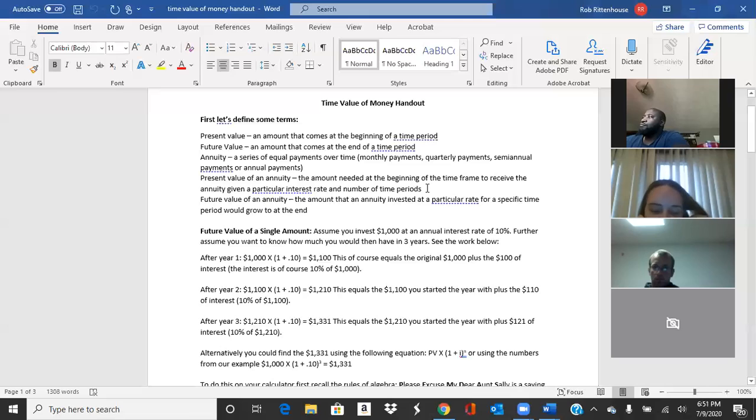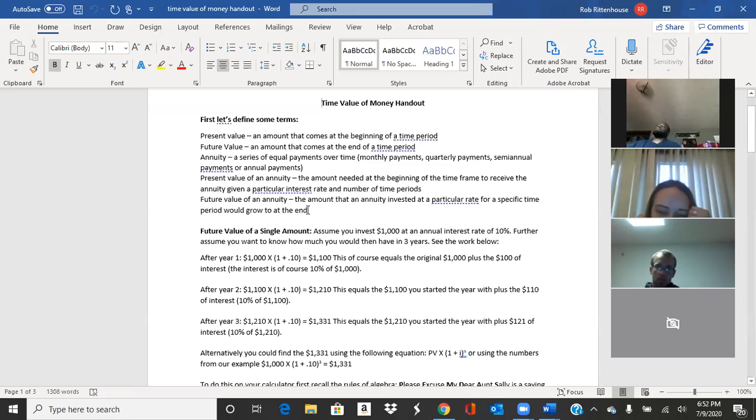So it's how much you'd have to start with to be able to receive an annuity of X dollars over Y number of years, given interest rate Z, for example. The future value of an annuity is the amount an annuity will grow to at a particular rate of interest over a specified period.